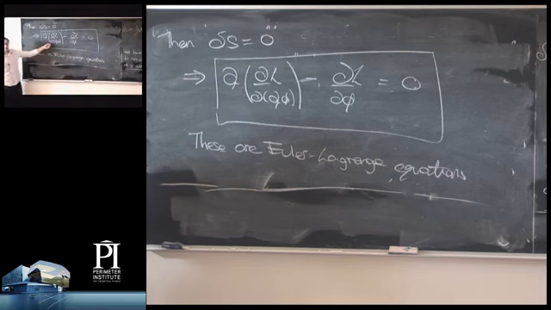So these are the equations of motion for a given, I guess I should still have that A index on everything. For a given Lagrangian, which is a function of a set of fields, these are the equations of motion. Okay.